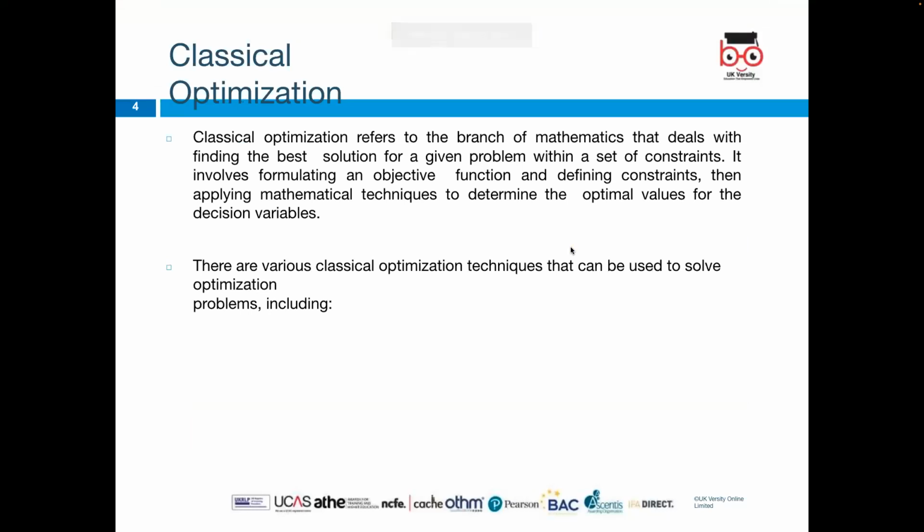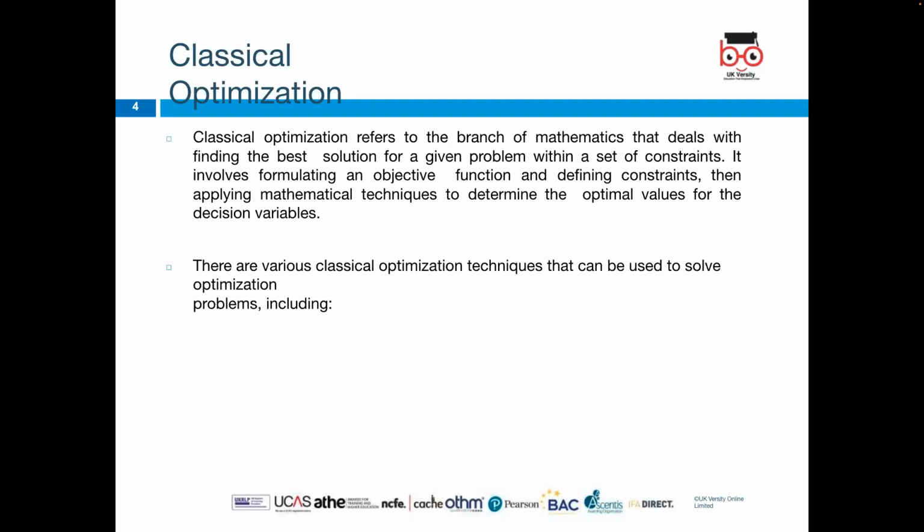What is classical optimization? Classical optimization refers to the branch of mathematics that deals with finding the best solution for a given problem within a set of constraints. It involves formulating an objective function and defining constraints, then applying mathematical techniques to determine the optimal values for the decision variables.